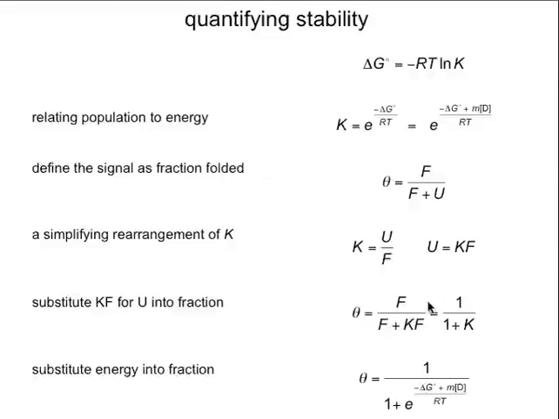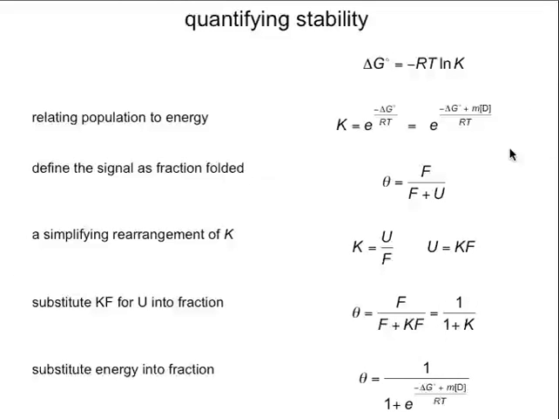So now we're substituting for u in this case, and now what we come up with is, now we're expressing that fraction simply in terms of the equilibrium constant and F, the amount of the protein that's folded. This reduces very easily to 1 over 1 plus K, so effectively we removed that population of the folded and unfolded state from the equation, and now we're simply expressing it in terms of the equilibrium constant, and that we have an expression for, right?